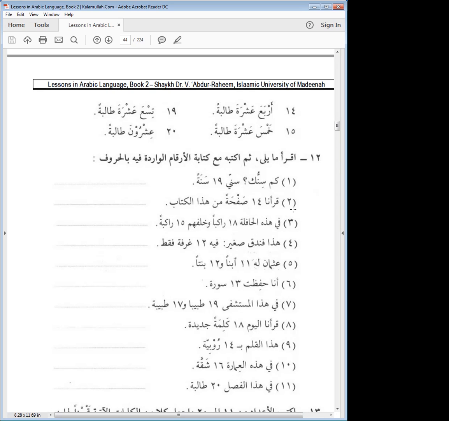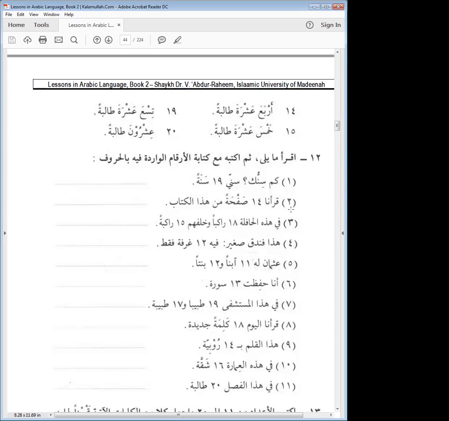So in this case, the counted thing, the ma'dud, is feminine. Therefore, the first part of the number will be masculine, and the second part will be feminine. So we have tis'a, tis'a, then the second part is ashrata sanatan.